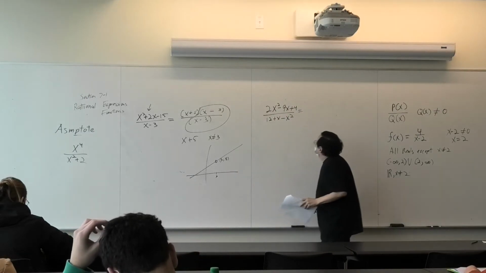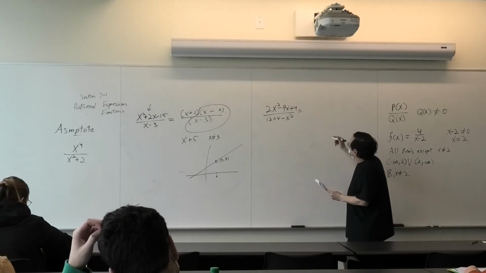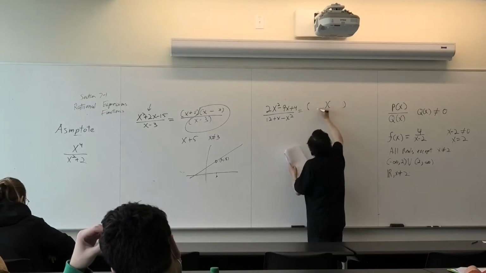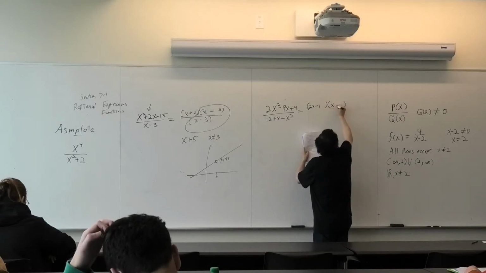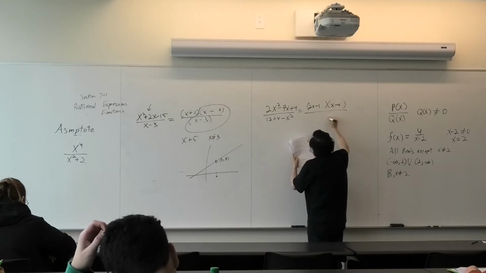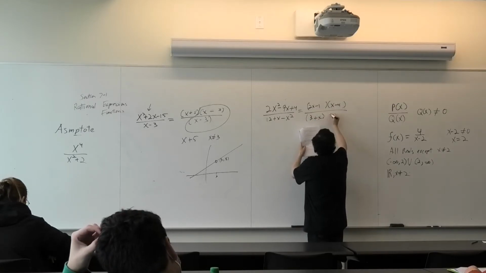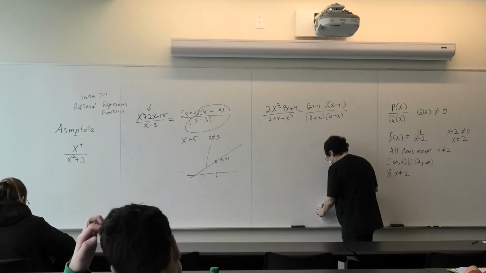Okay. Well, I didn't write this down in a very nice way, did I? But we're just going to go to the factoring and then we'll verify it. So this should be 2x minus 1 times x minus 4. And this should be 3 plus x times 4 minus x. Let's check that.